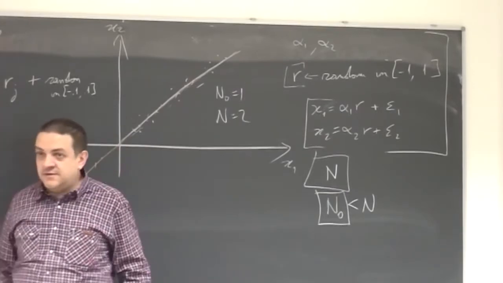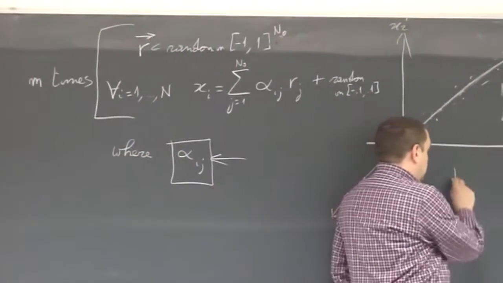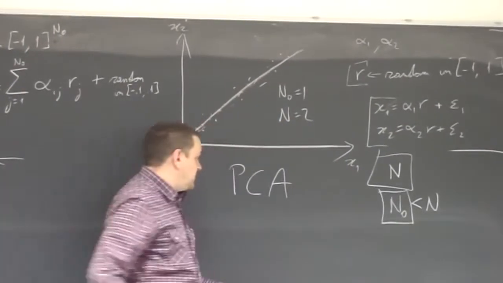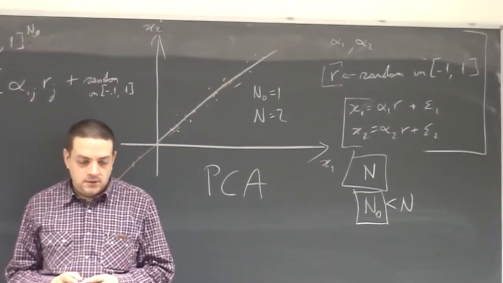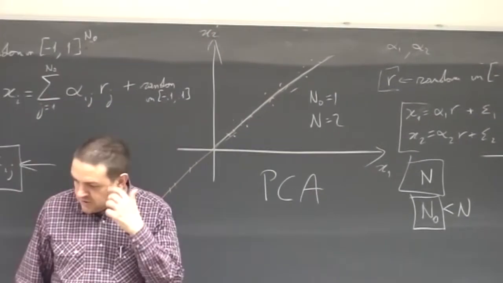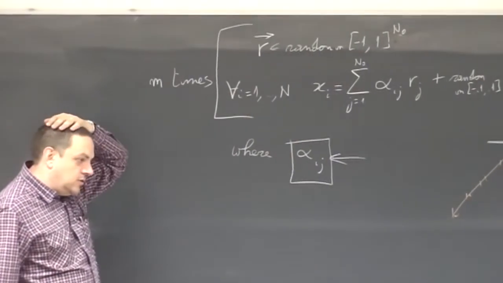Once we have created this data set, we can try to analyze it with the principal component analysis technique that we have seen yesterday. So, first of all, let's try to create these points.